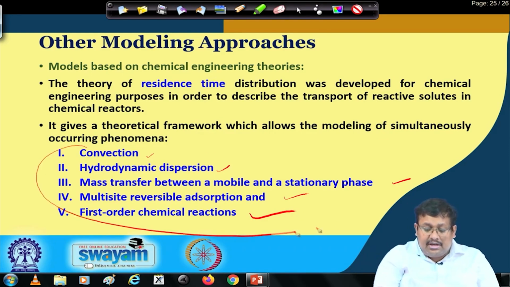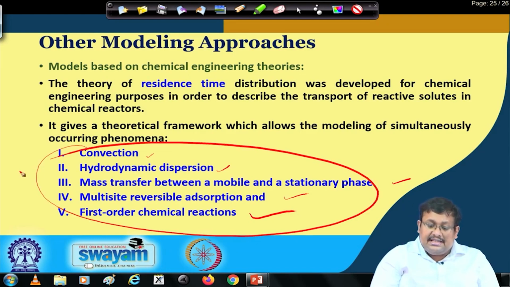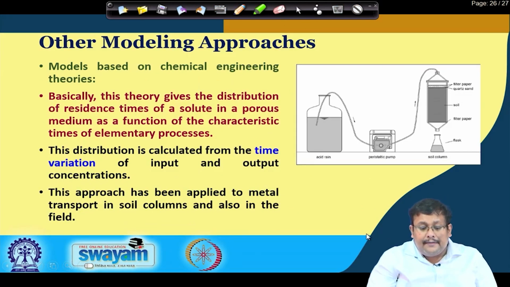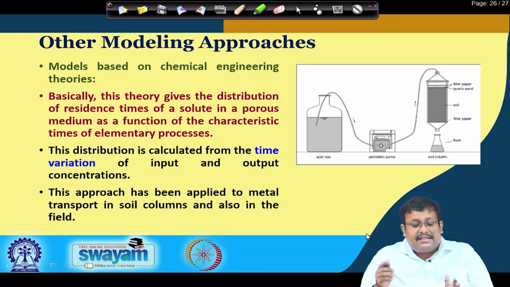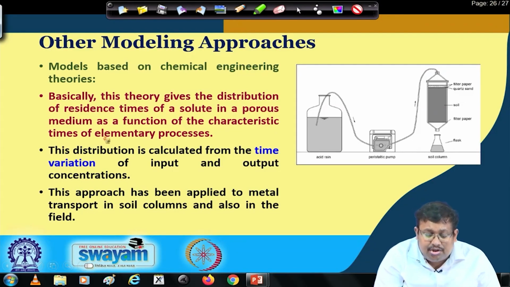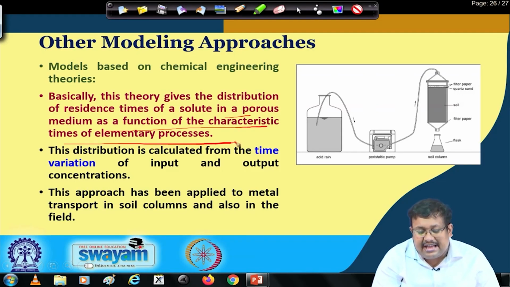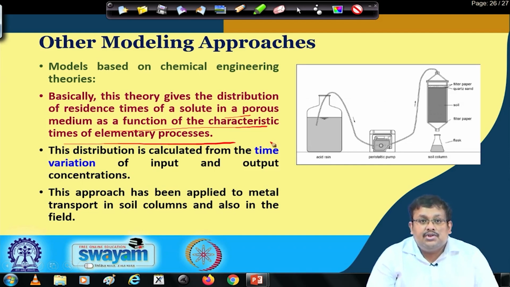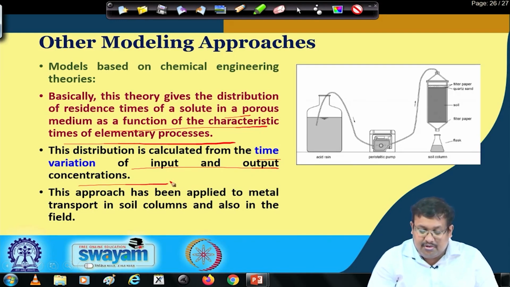All these phenomena are occurring simultaneously, and these chemical engineering theory based modeling approaches can define all of them. Now, the theory gives the distribution of resident time of a solute in a porous medium as a function of characteristic time of elementary processes. The distribution is basically calculated from the time variation of input and output concentration.